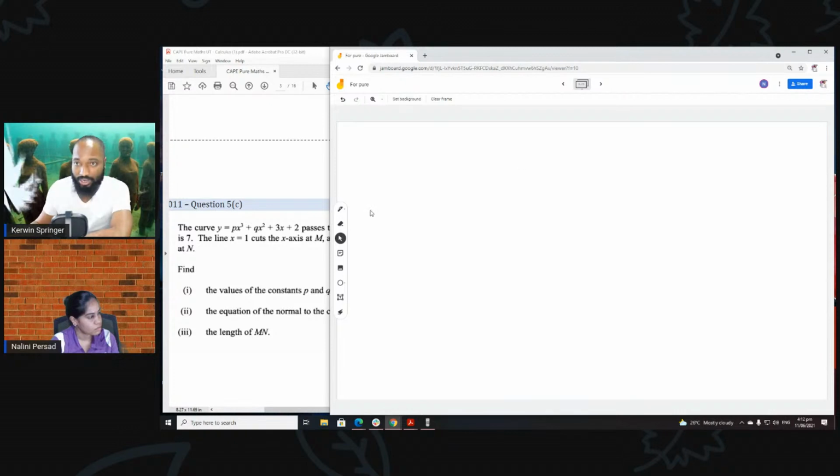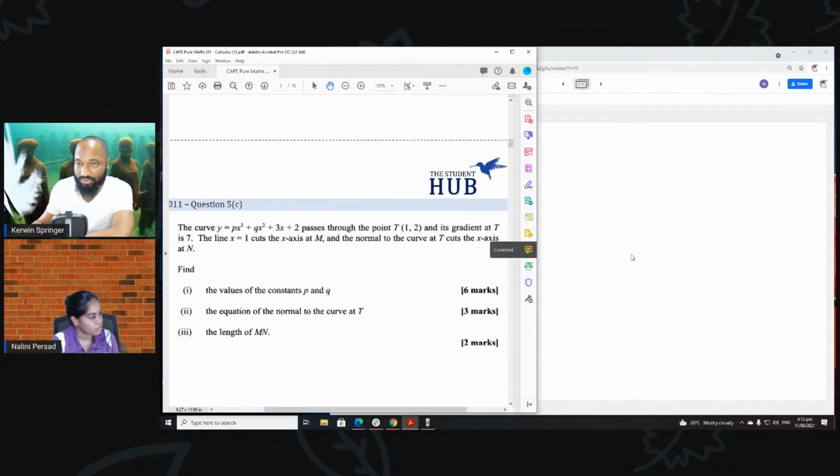So let's do the first part. We have the curve y is equal to px cubed plus qx squared plus 3x plus 2, and T is the coordinates 1, 2. So when x is equal to 1, y is equal to 2, right?